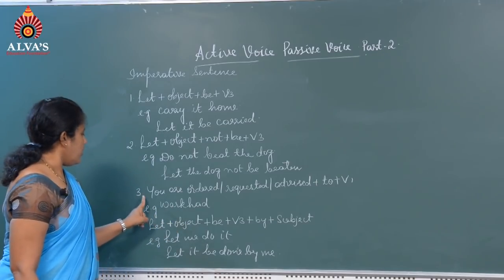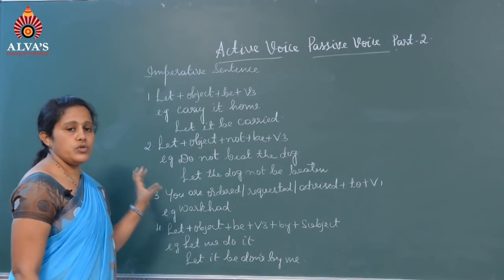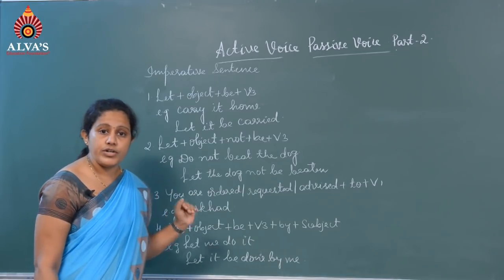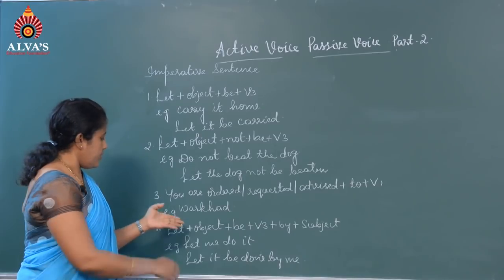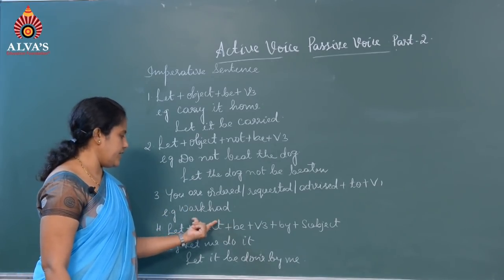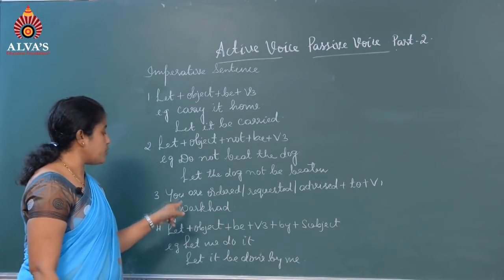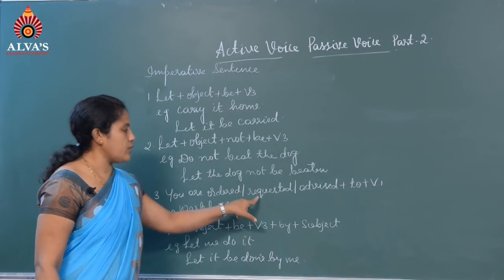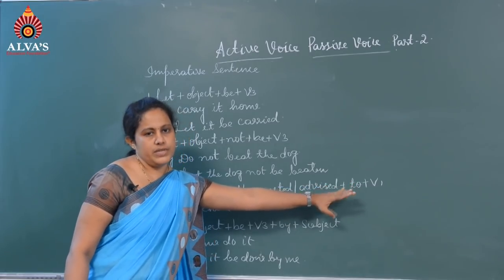And here, sometimes we have to use you, when we give importance to the person addressed. For example, if there is a sentence work hard, when we write it in passive, we have to give stress to you. You are ordered or requested or advised to plus first form of the verb, that is the formula.